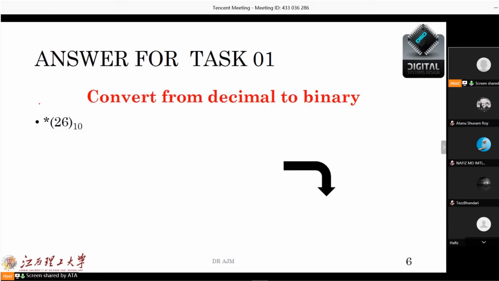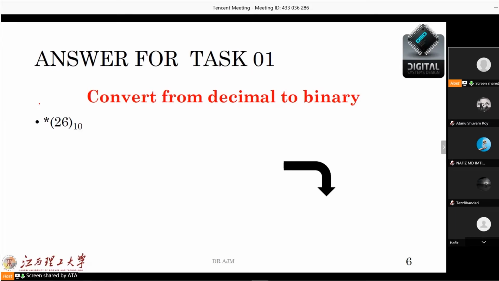Okay, now let us do it in another way. What we have done now is find how to go from binary to decimal. Now from decimal to binary, how should we convert the number? Okay, it's very simple.